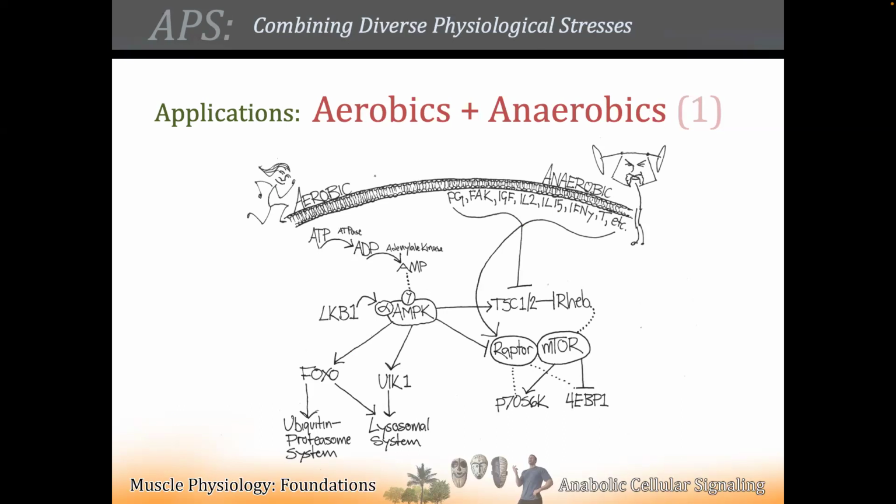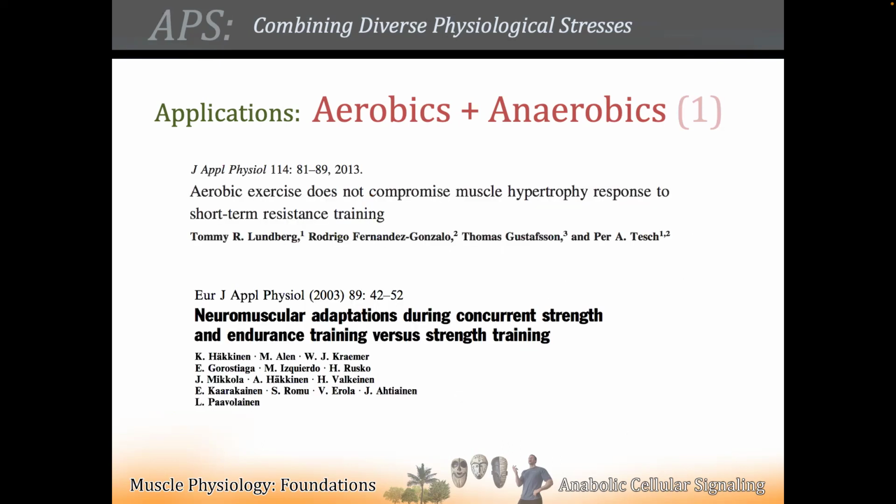The anabolic agents that are released with resistance training are inhibiting tuberin, they're activating raptor, and then the AMPK that gets activated with aerobic stress is activating tuberin and inhibiting raptor. So you're getting contradictory signals with an anabolic resistance training program and aerobic stress.